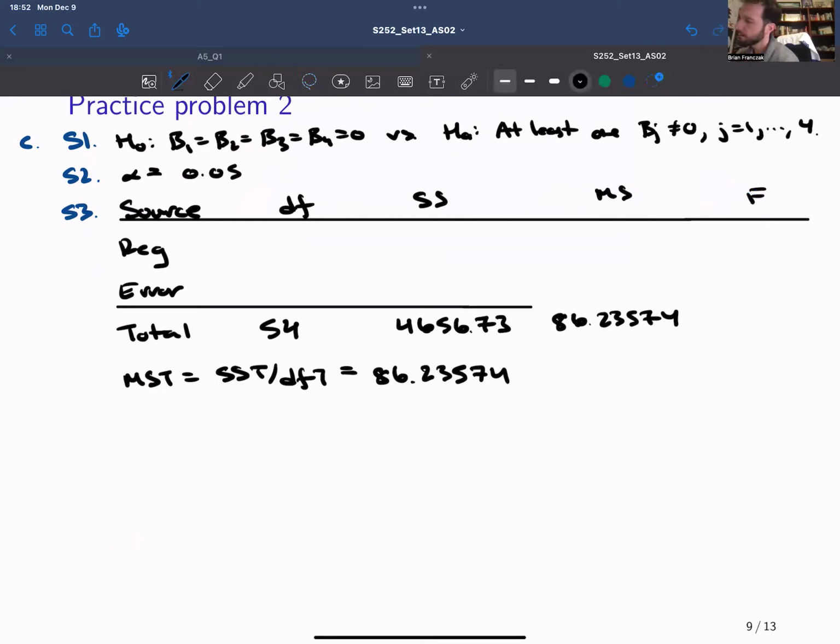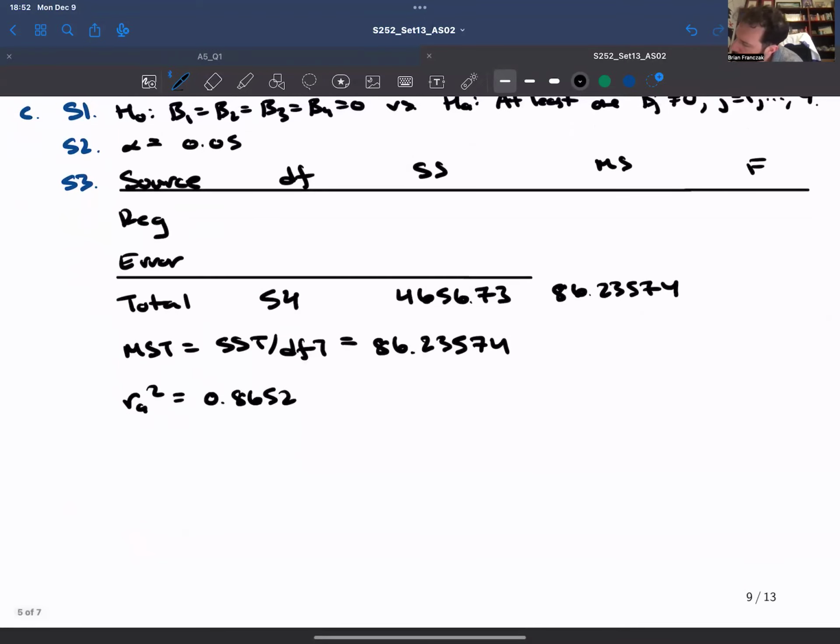Okay. Now, we know from the problem that the adjusted R squared is 0.8652. So this means that 0.8652 is 1 minus the MSE over the MST.